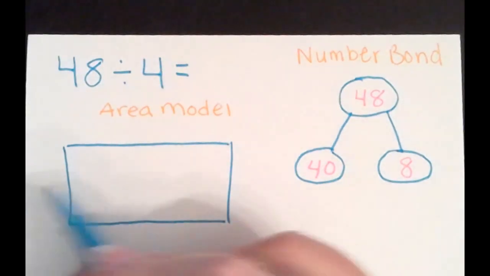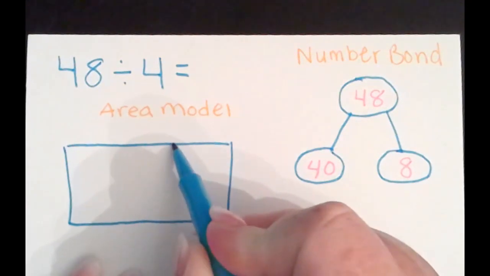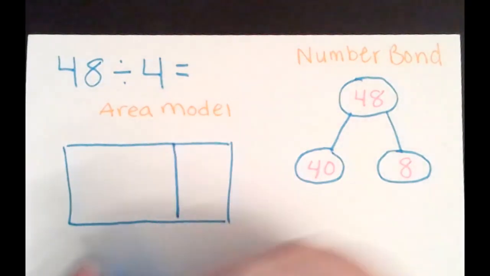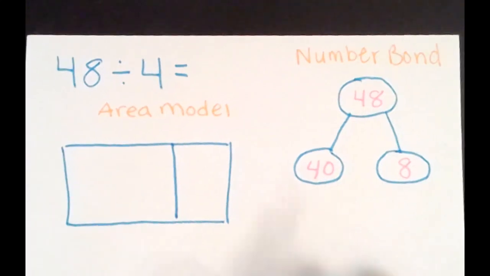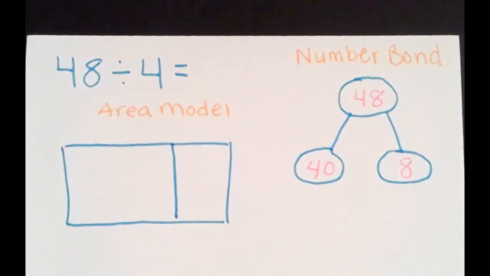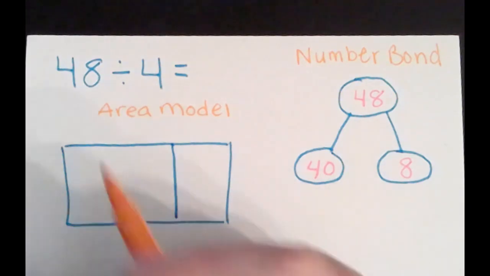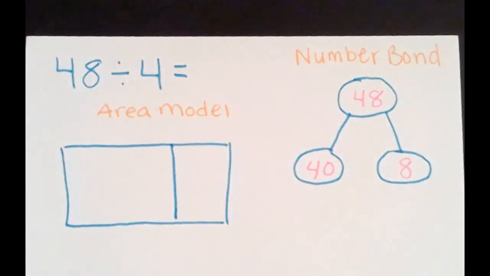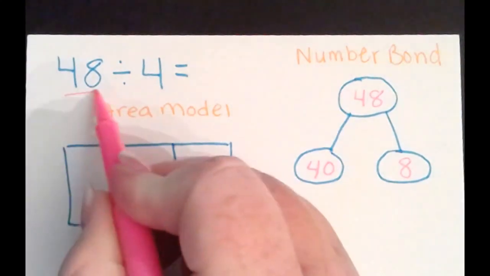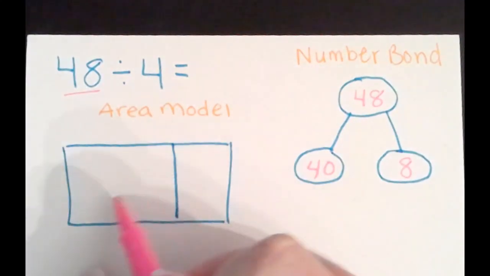So I'm going to take my area model and partition it, or create sections in my area model, and now I'm ready to label it appropriately. Our dividend, 48, is what's going to go on the inside of our area model.